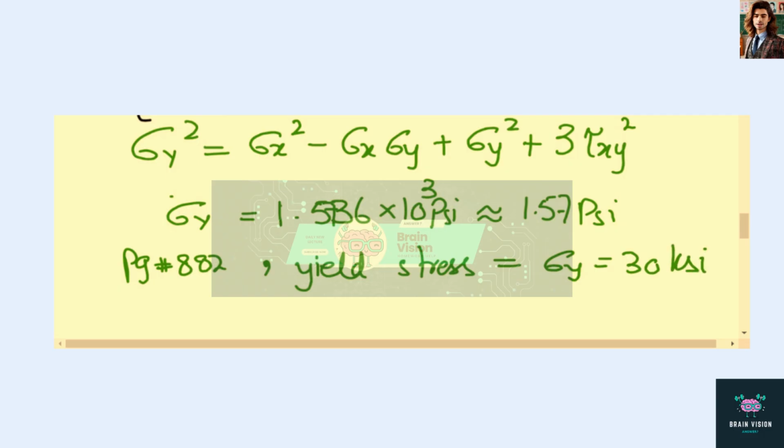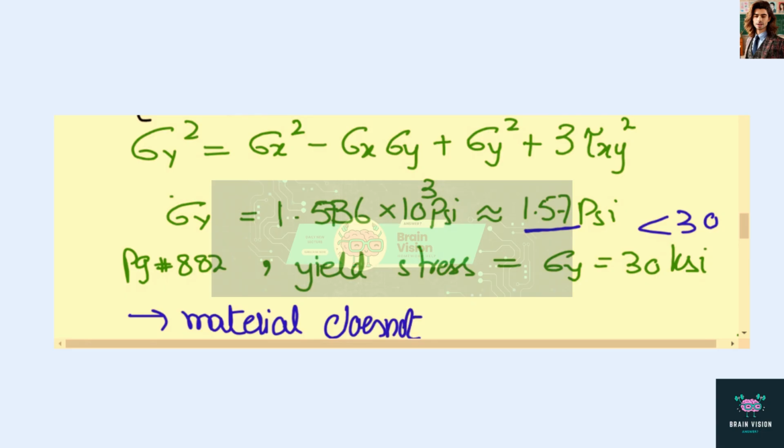As you can see over here, the calculated value is greater than 30, so it means that the material yields, or fails, according to the maximum distortion theory. And this concludes our answer.